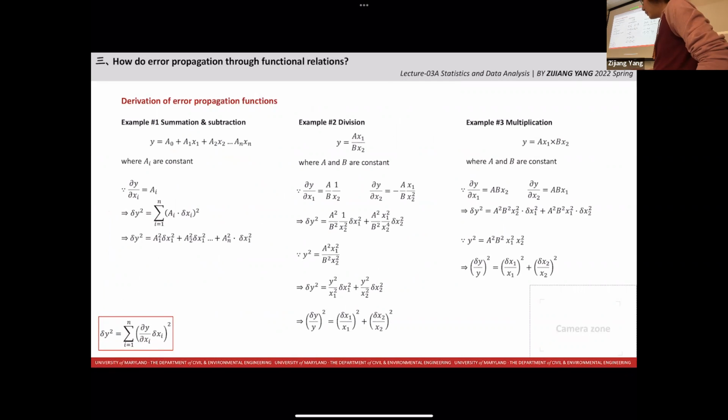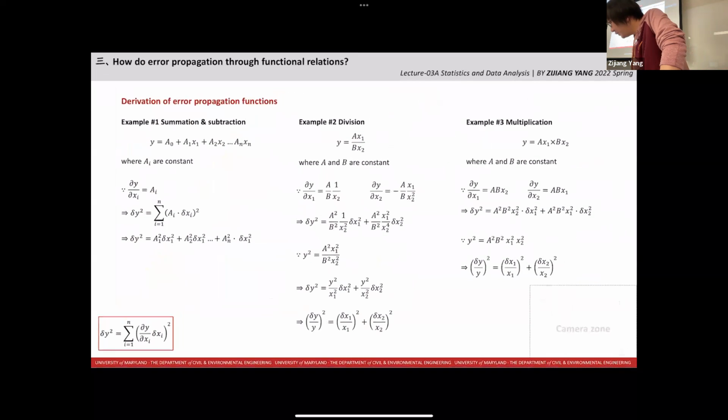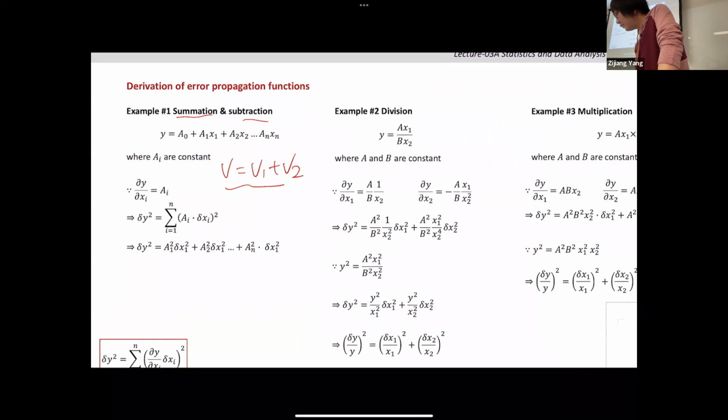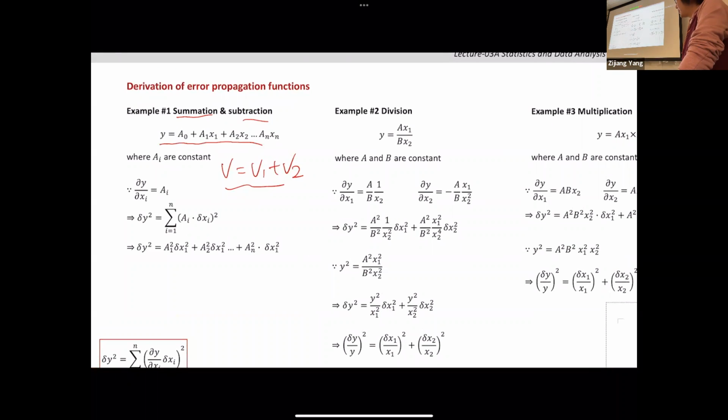Here are some examples. In environmental chemistry, or in this class, we are going to do some summation or subtraction. Like we have a total volume that equals V1 plus V2, like when we dilute some solution. The general form of summation or subtraction is here.